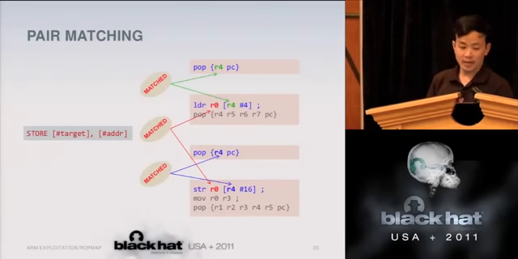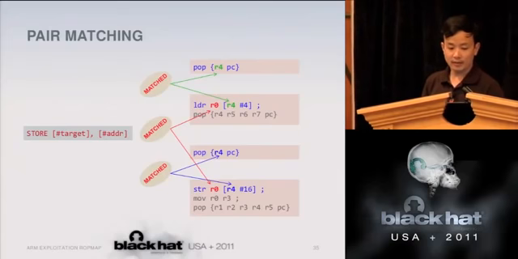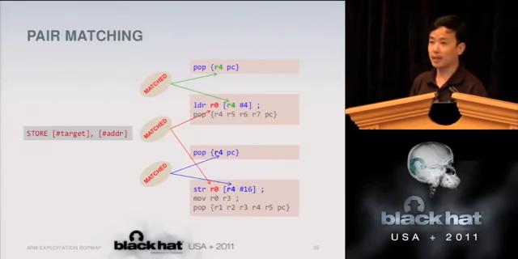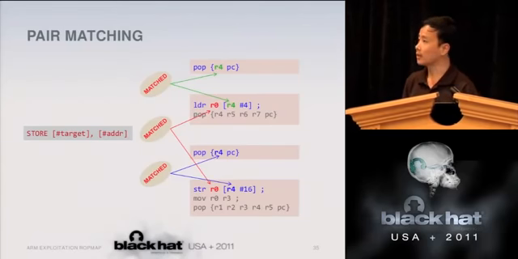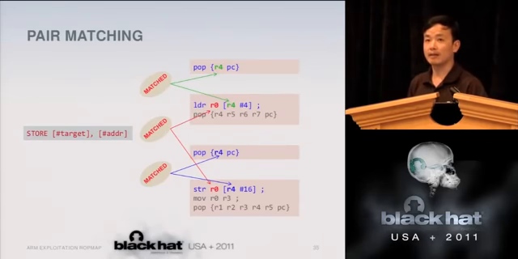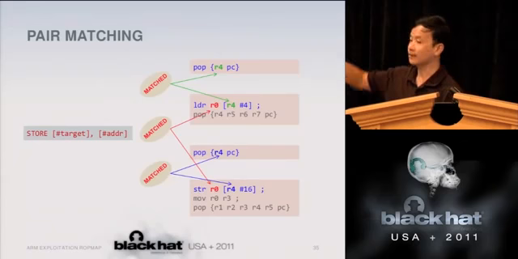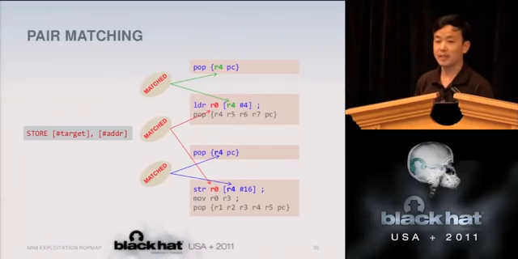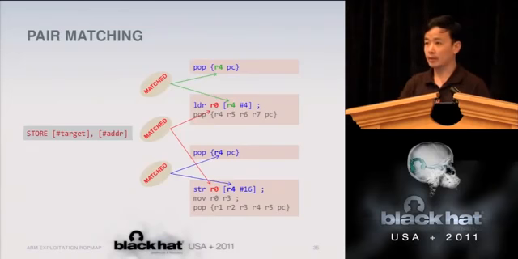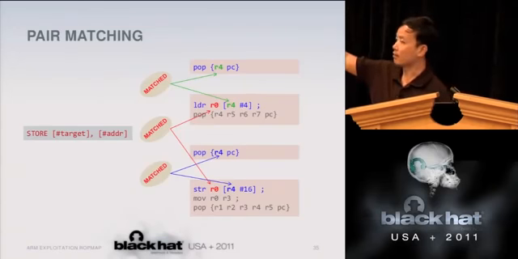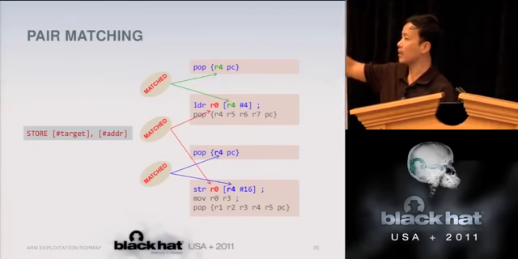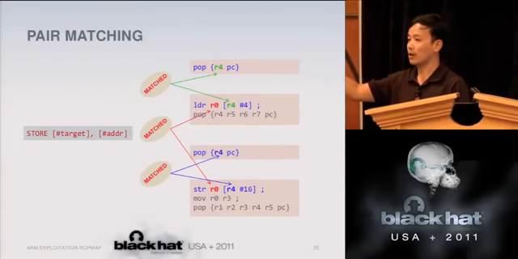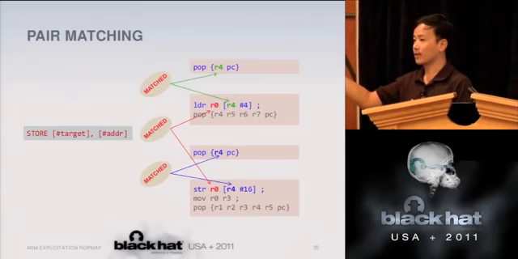And we know that the address value must be loaded into register R4. Again, in our candidate list, we found pop R4 PC, so it can be matched. So our tool will generate this chain of gadgets for the store instruction.